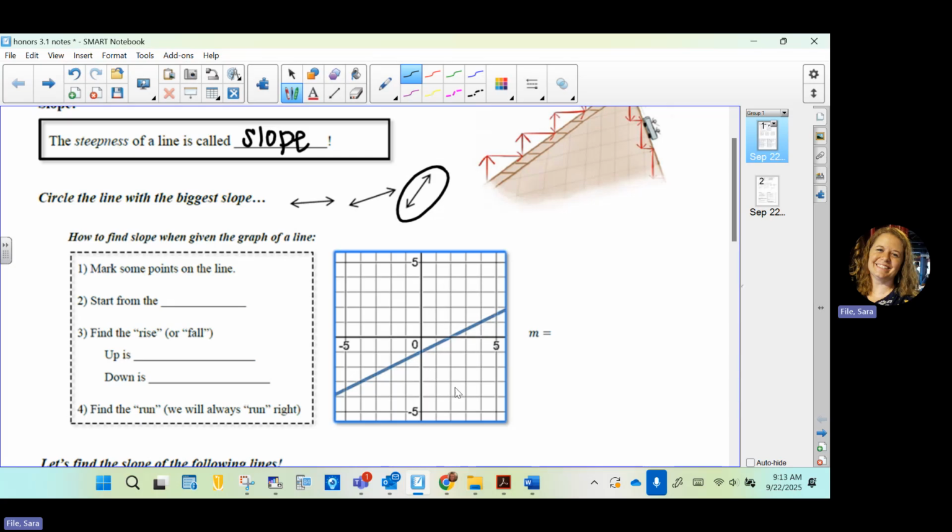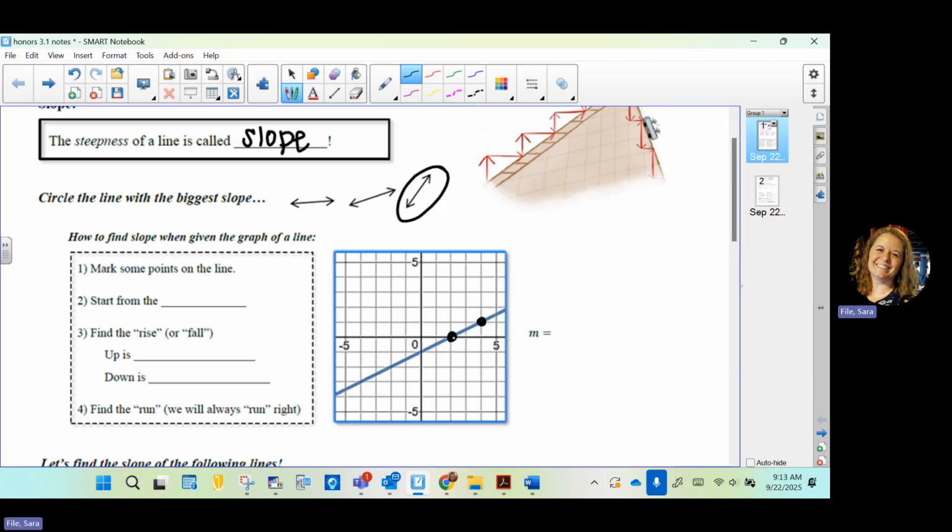You're not going to count the slope from like here, for example, because that's not going through an intersection of the grid lines. So you want to pick a couple points that intersect the grid line intersections. So like here is one. You may not pick the same two as me, and that's okay. And here is one. So you pick 2 points, and then we're going to count.